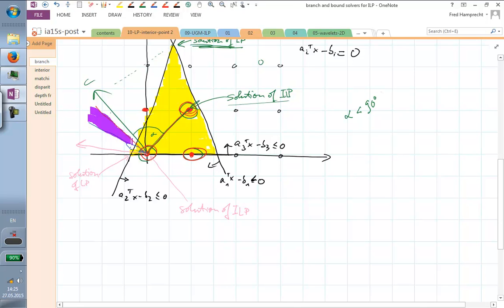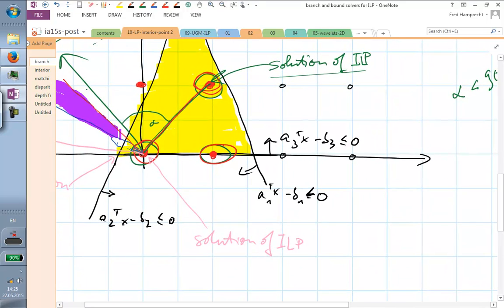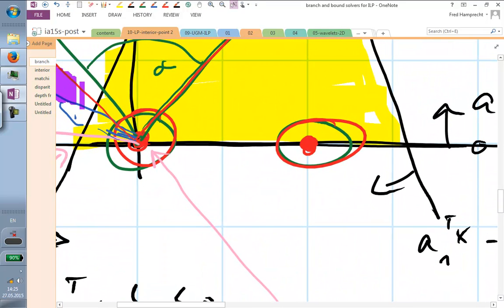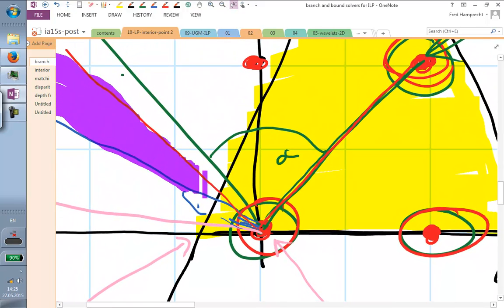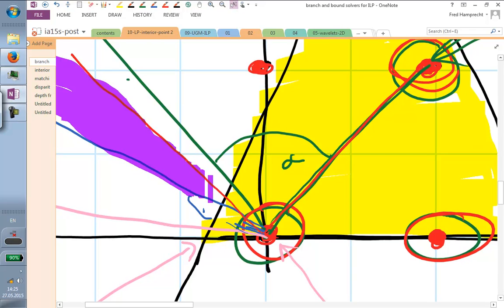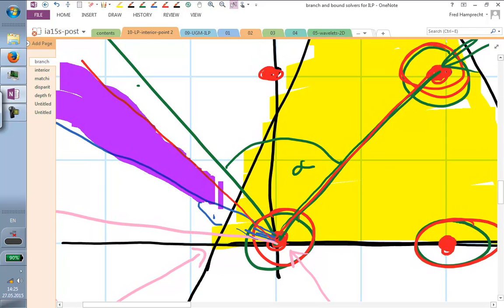So again, how did I construct this region? I used this red line, which should have a 90-degree angle with regard to my two integral solutions that are lying here, and I used the blue area, which has a 90-degree angle to this one constraining half plane.